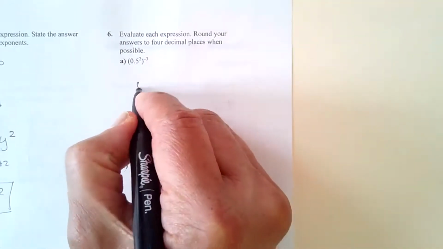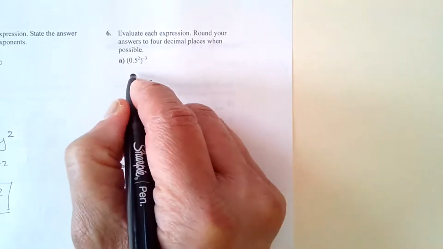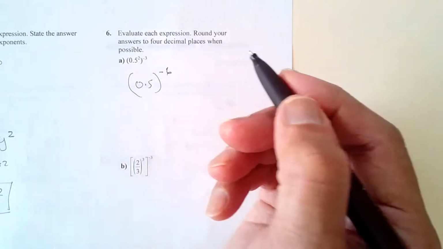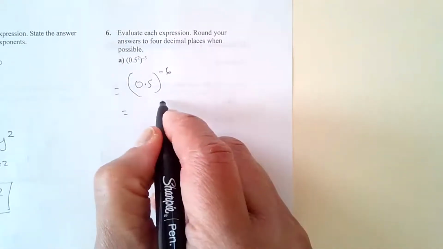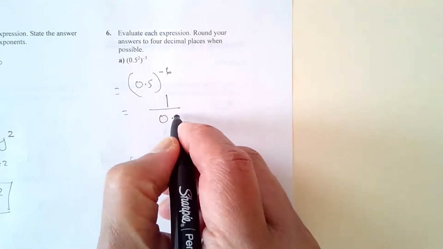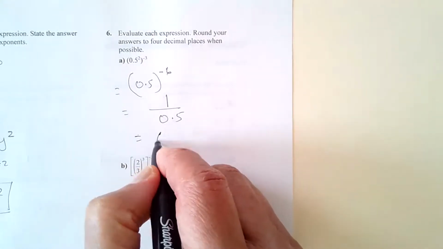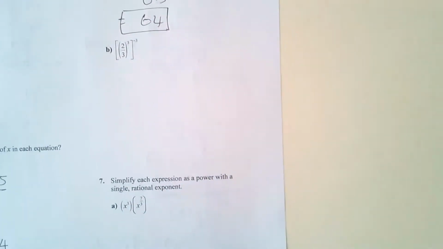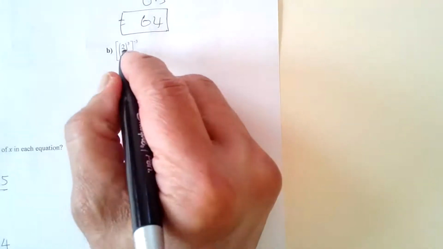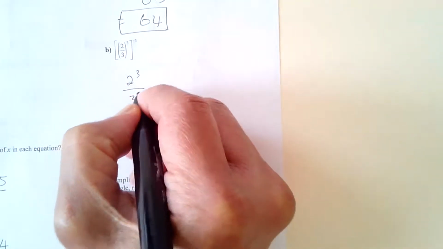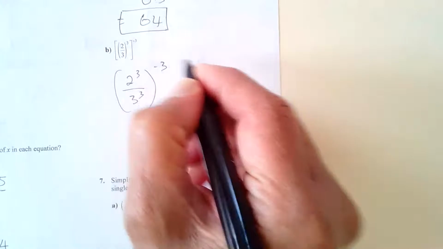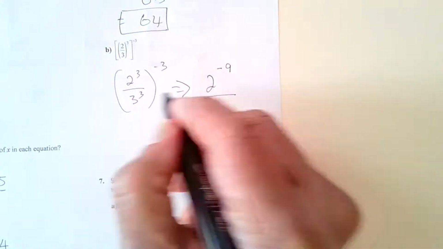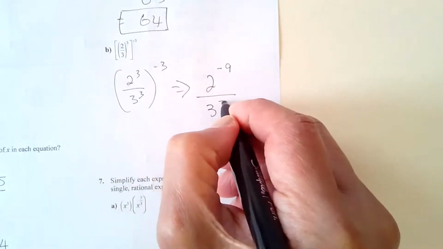We multiply the exponents, so 0.5 becomes negative 6, which is the same as, and if you simplify this, it becomes 64. 2 to the power of 3, 3 to the power of 3, we have negative 3, which results in 2 to the negative 9, times 3 to the negative 9.